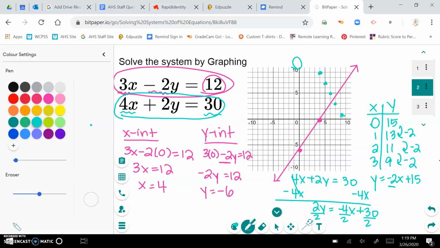Well, it would help if I did them in the correct spot, wouldn't it? So we're going to pay attention to my dark blue points.